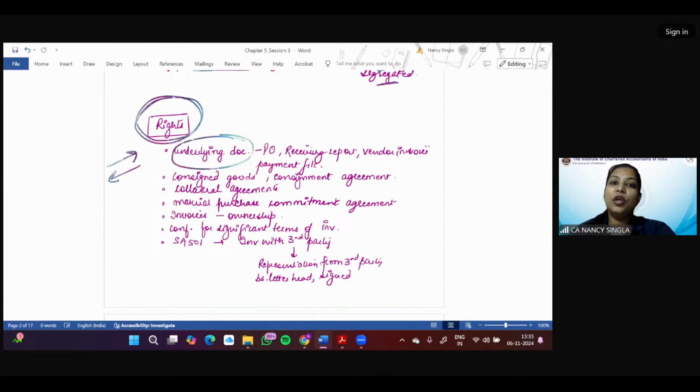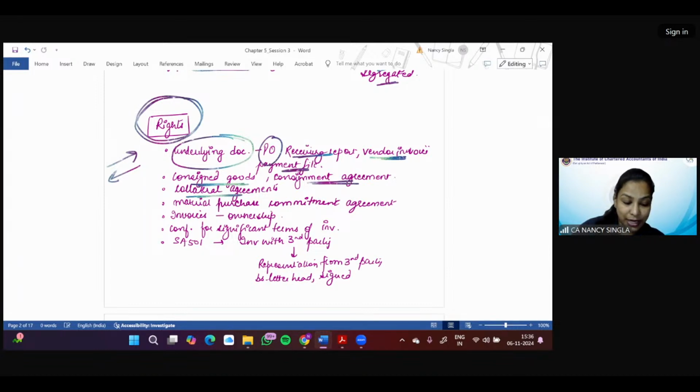Underlying documents are all the documents relating to that inventory, like the purchase order, the receiving report, the vendor invoice, the payment file. And with respect to consigned goods, he will see the consignment agreement. He will also consider collateral agreements. What are collateral agreements?